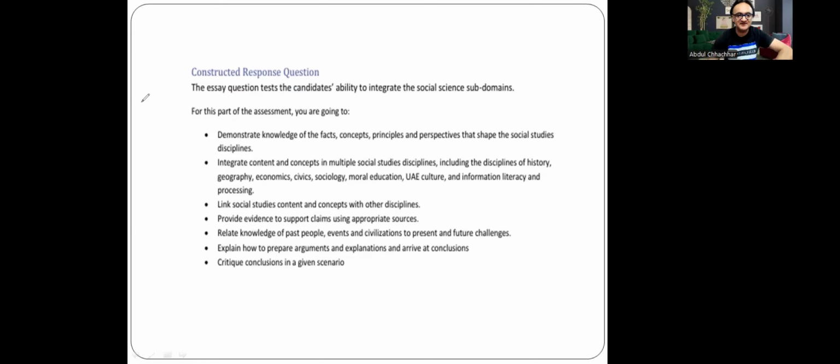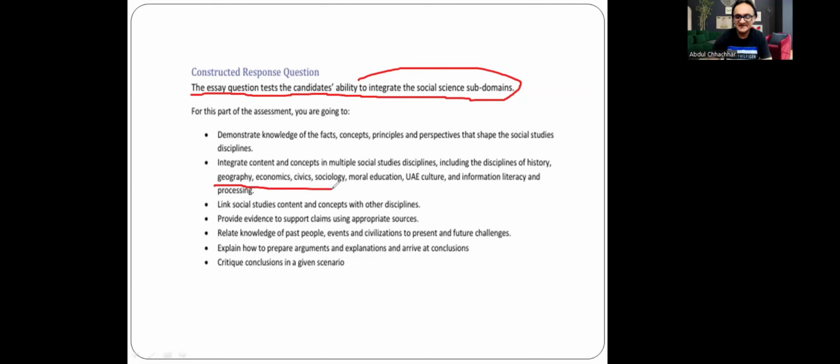So as they said, the essay question tests the candidate's ability to integrate the social science subdomains. That means the essay question is descriptive. It's not format based. These are the subdomains of social studies, as I have already explained.